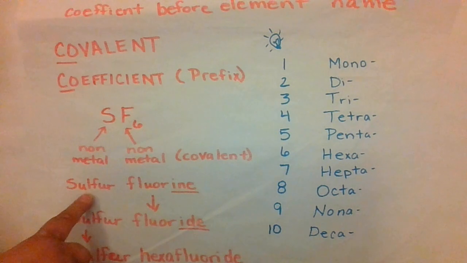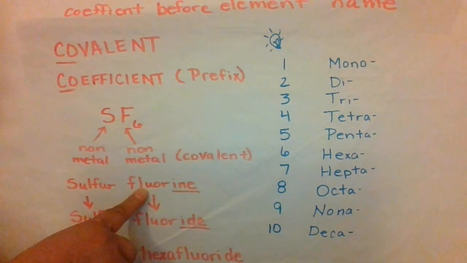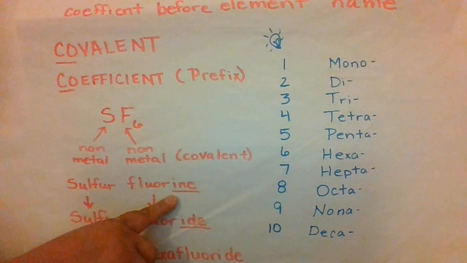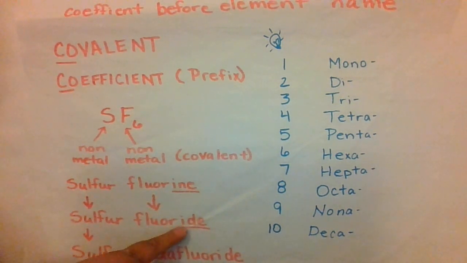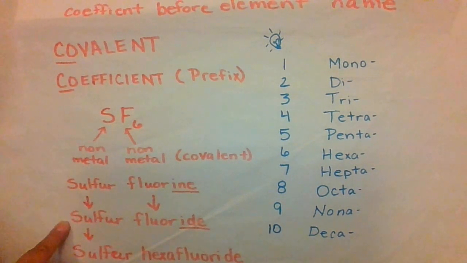So we're dealing with SF6. We know we have sulfur and fluorine, but the rules of naming say I need to change the ending of my second element. So instead of fluorine, I will now have fluoride, and sulfur remains the same because if it only has one, we can omit the prefix mono for that first element.